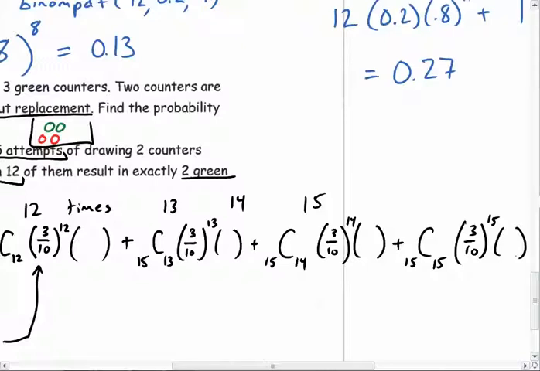So we need to figure out if we're getting success 12 times, then what's the chance of failure, and how many failures are we getting? So if we have a 3 out of 10 chance of getting 2 greens, what's the chance that we don't get 2 greens? 7 out of 10. It's exactly the opposite.